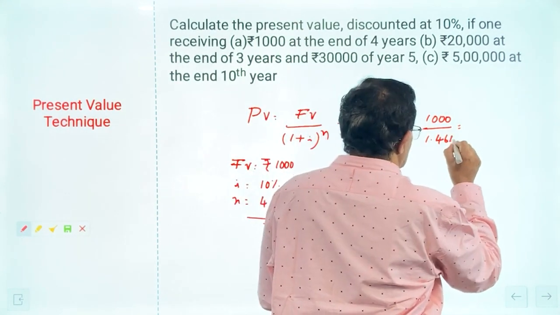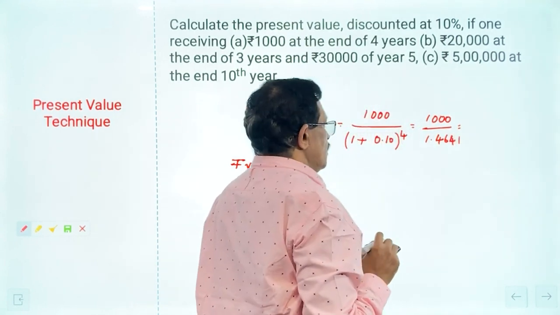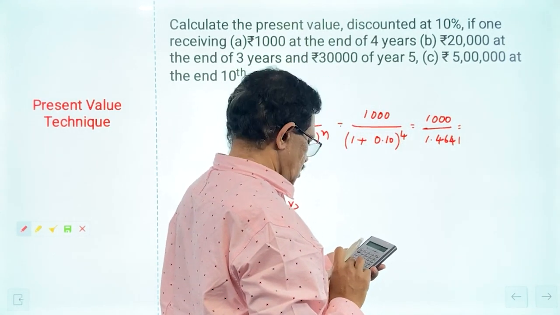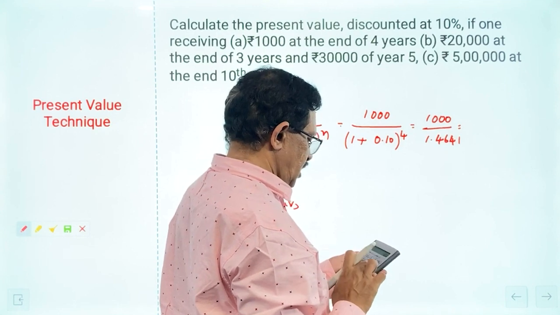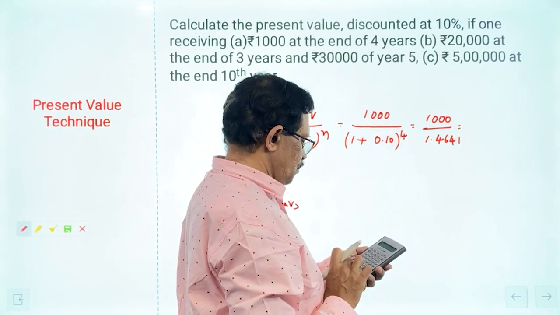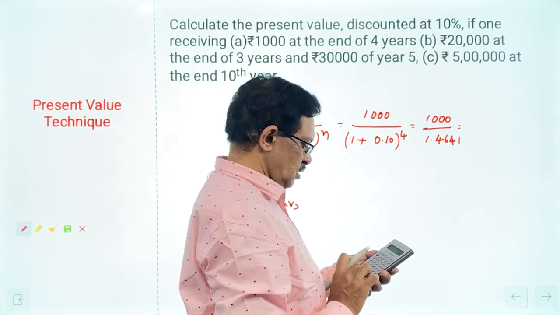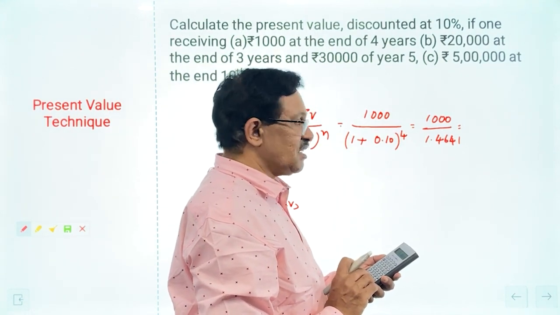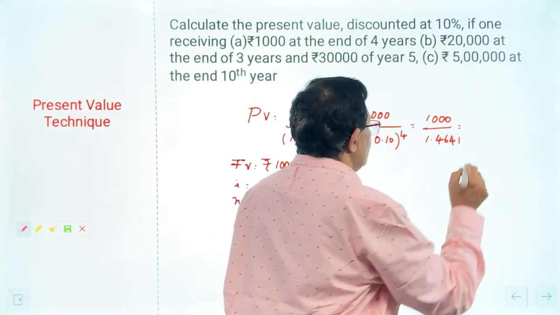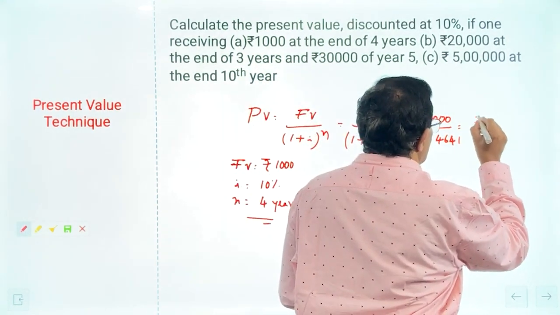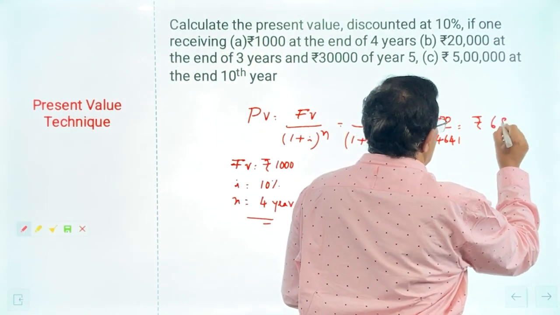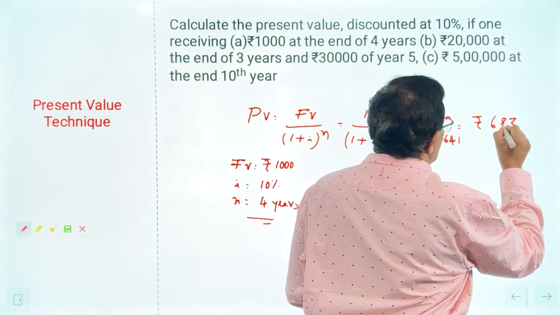1.4641. So it is going to be 1000 divided by 1.4641, which is going to be 683 rupees.